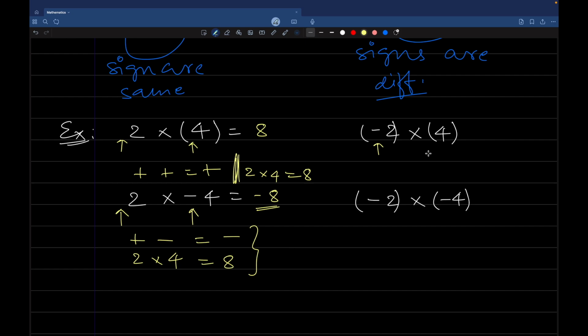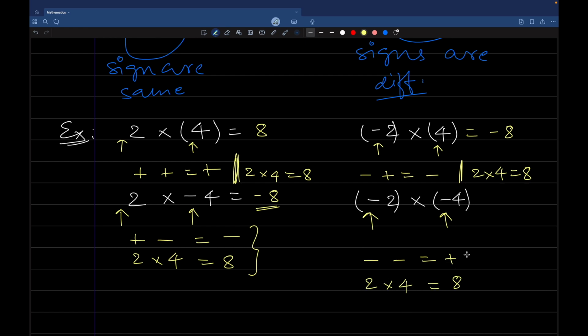One sign negative, one sign positive, so minus into plus is minus, and 2 into 4 equals 8, so we have minus 8. And we have both the signs negative, so minus into minus is plus, and 2 into 4 is 8, so we have plus 8 as answer.